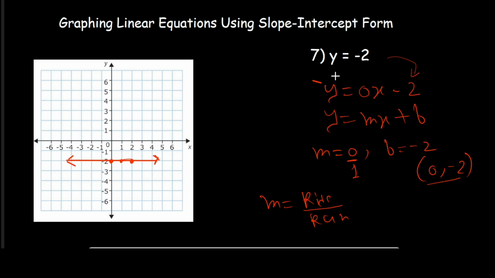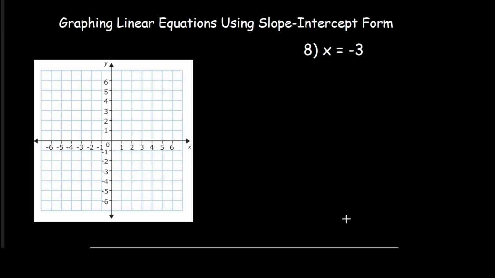So whenever we see an equation like y equals -2, or y equals 3, or any number, we have to understand that this is a line which is parallel to the x-axis.